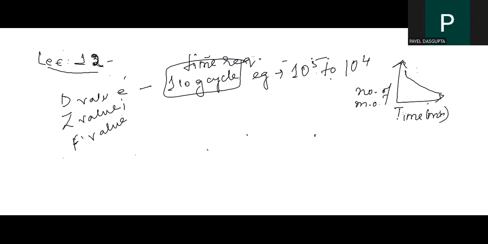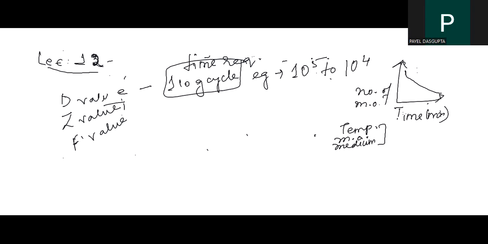It depends on three factors: temperature, microorganism and medium. So at a constant temperature, the time required to reduce one log cycle, that is 90% of the microbial population, is called the D value.